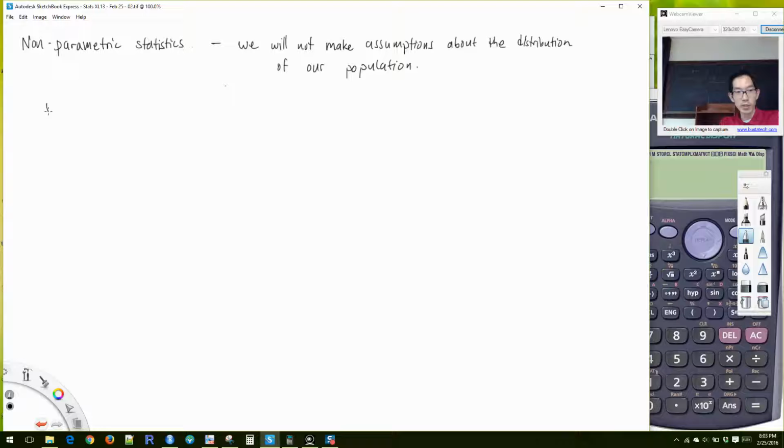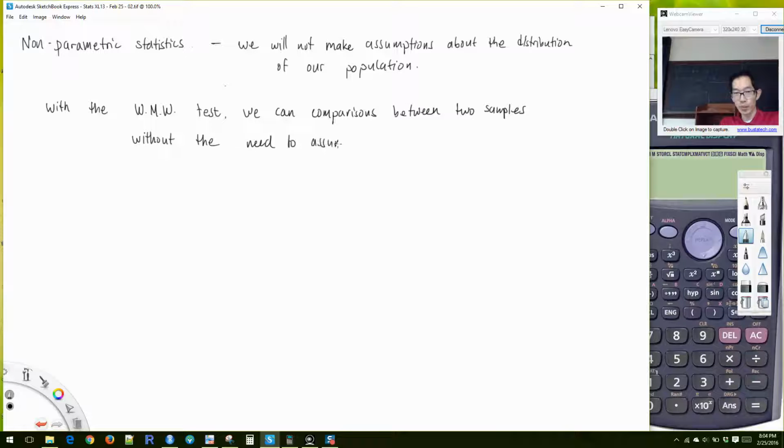I'm going to just abbreviate the Wilcoxon MannWhitney test as WMW. With the Wilcoxon MannWhitney test, we can make comparisons between two samples without the need to assume that the sampling distribution is normal.